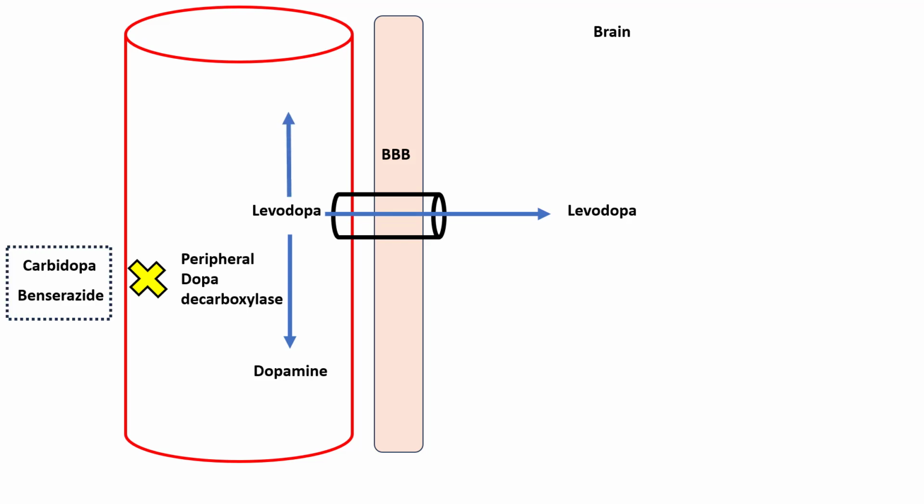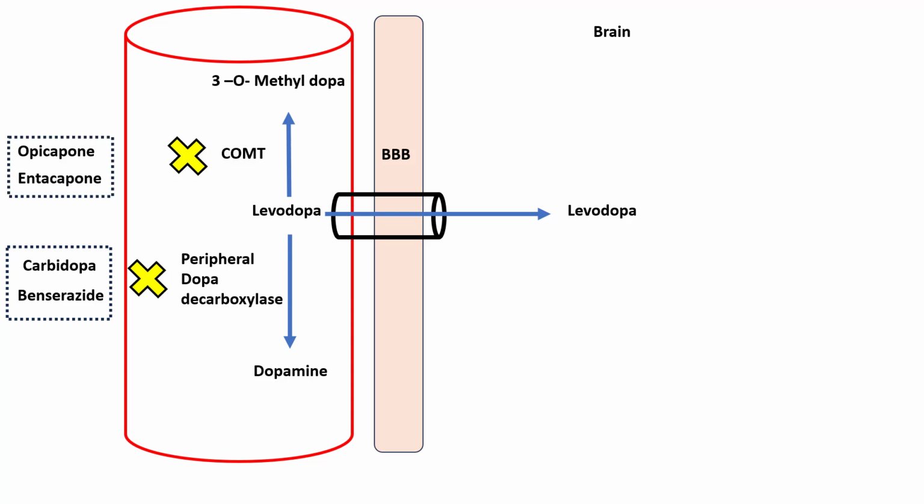The levodopa in the circulation can also be converted to other metabolites with the help of an enzyme called catechol O-methyltransferase. And this enzyme can be blocked by COMT inhibitors like opicapone and entacapone. Now, the levodopa that has entered the brain is converted to dopamine with the help of central dopa decarboxylase.